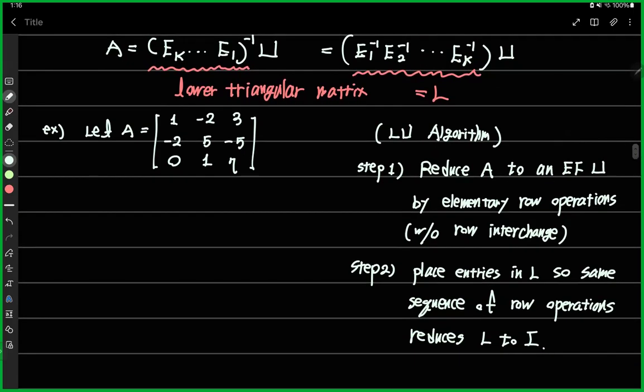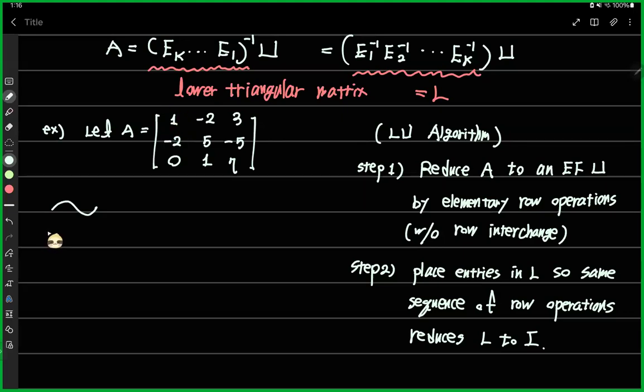So first, you need to reduce matrix A to echelon form. That's going to be U, right? So now what I'm going to do? We just check the first pivot, which is 1 right here. So we make a -2, which is the non-zero entry below the first pivot in the first column.